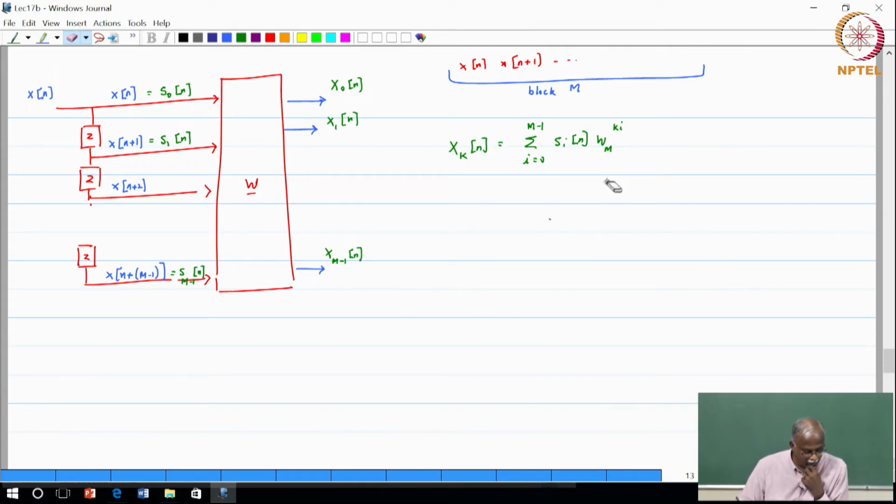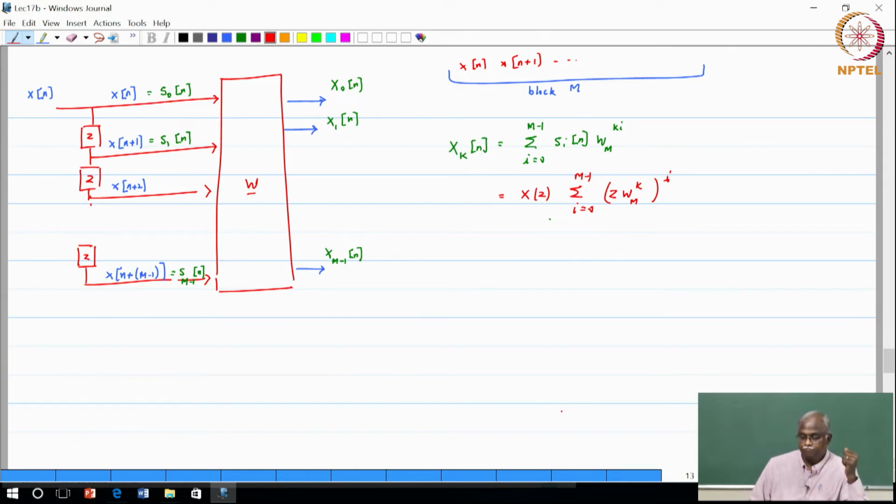So, it is Wm power ki, you can show that this is equal to just one step and we are there with the answer, Xk of z equals summation i equal to 0 to m minus 1 of z Wm k raised to the power i, times x of z.